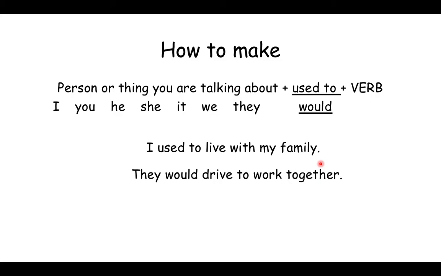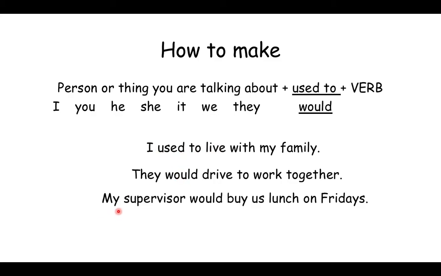Things like that. Or they would drive to work together. So instead of using I, it uses they, it uses would, and the verb drive. The past tense isn't in this verb, it's in would or used to. And this one, my supervisor would buy us lunch on Fridays.